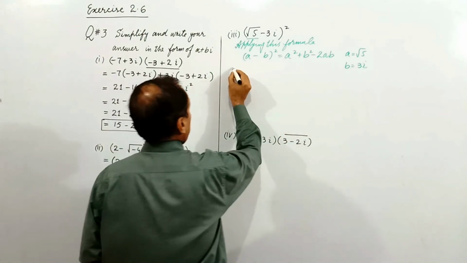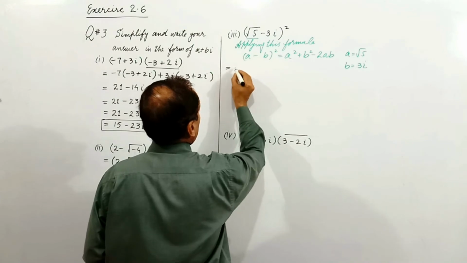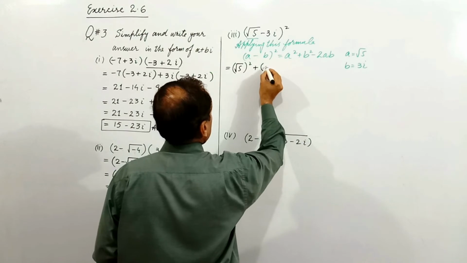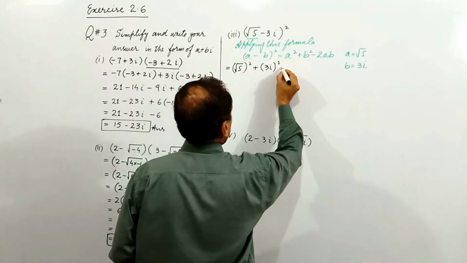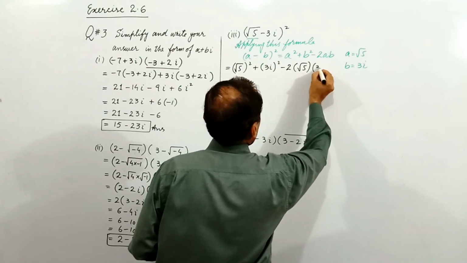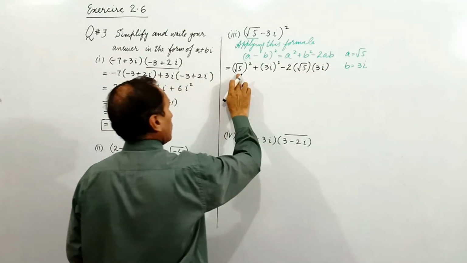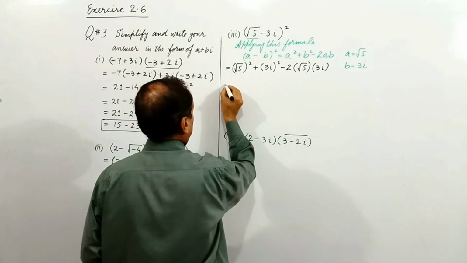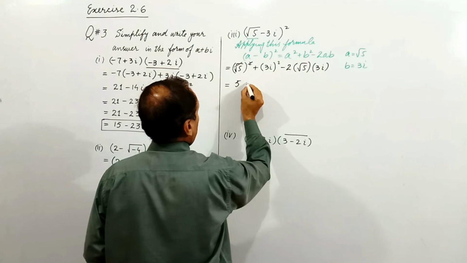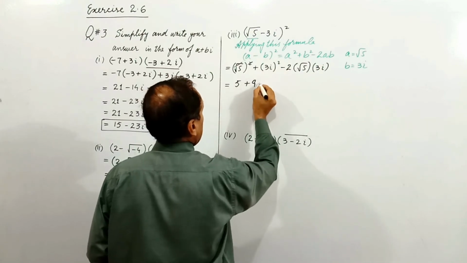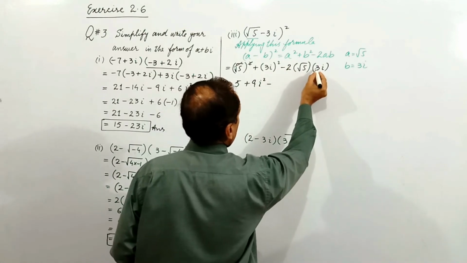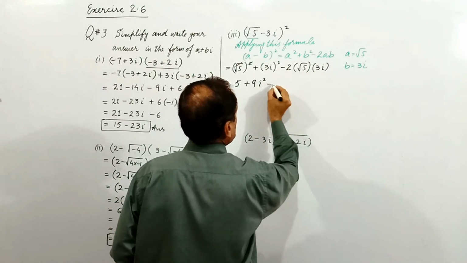Now we apply the formula. According to this formula, the value will be under root 5 whole square plus 3 iota whole square minus 2 into under root 5 into 3 iota. We replace the values of a and b. Square is cancelled by square root, we have 5, whereas 3 square is equal to 9 iota square. For the second term we have minus, rational number multiplied with rational number, 2 times 3 is 6.